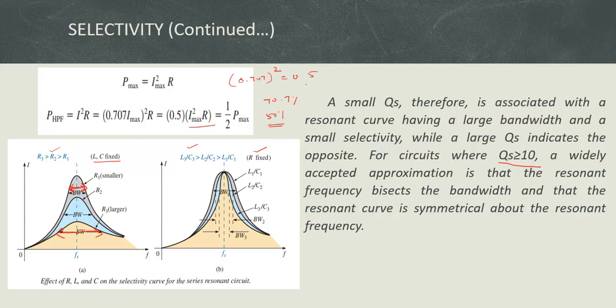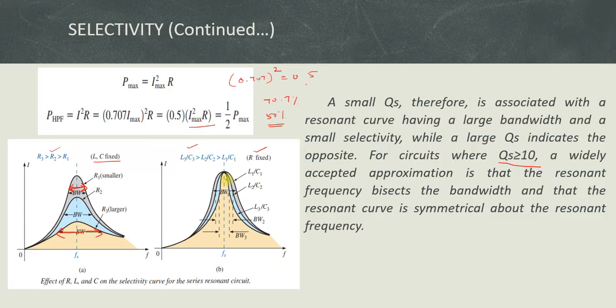In that case L and C are fixed, I just vary the resistance, and automatically I choose one of the stations. Similarly in the second case, if I fix the R value and vary the ratio of L by C, then my selectivity or my bandwidth is also varied.